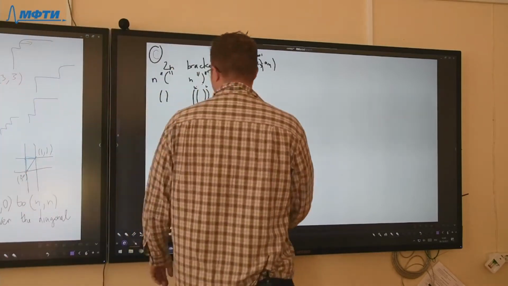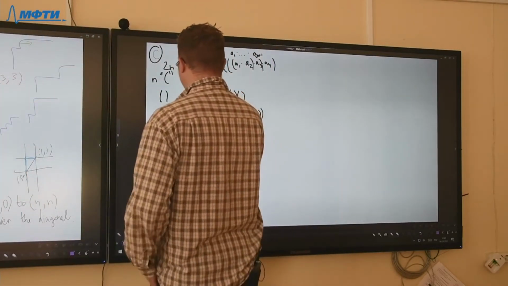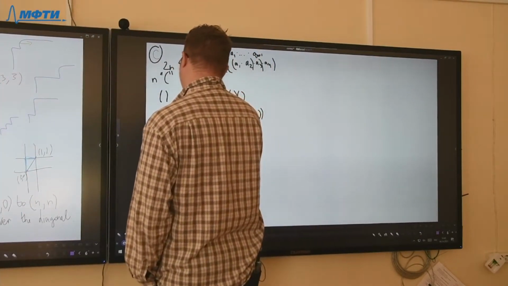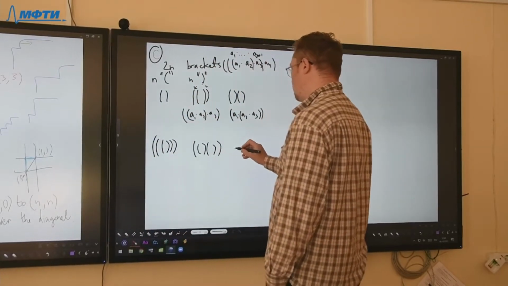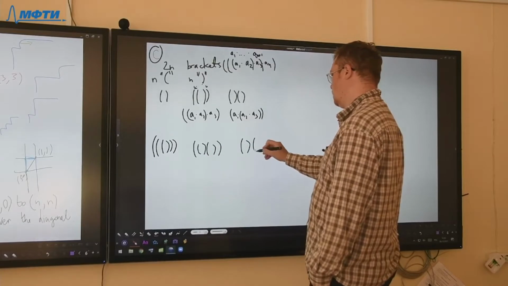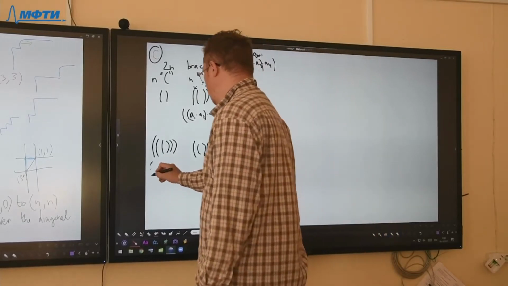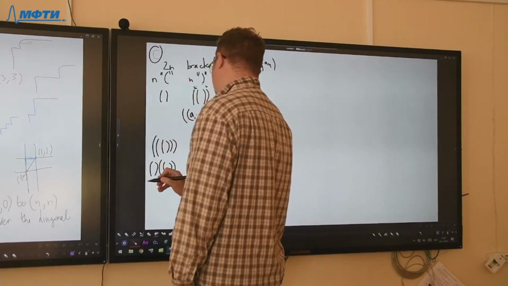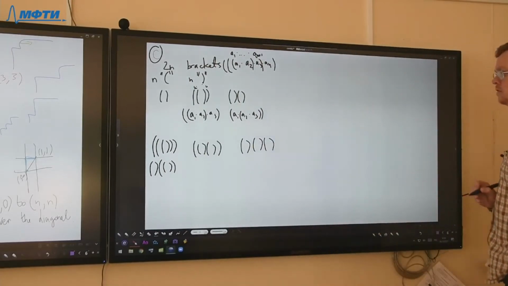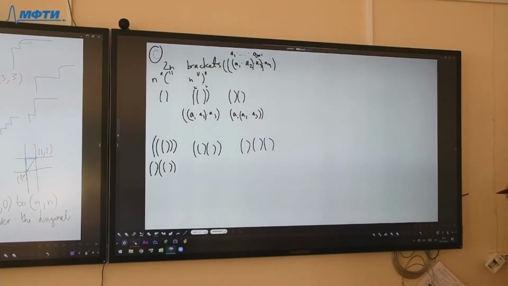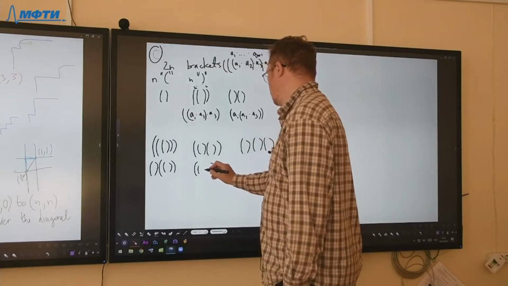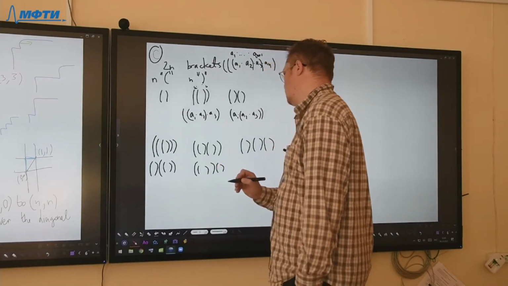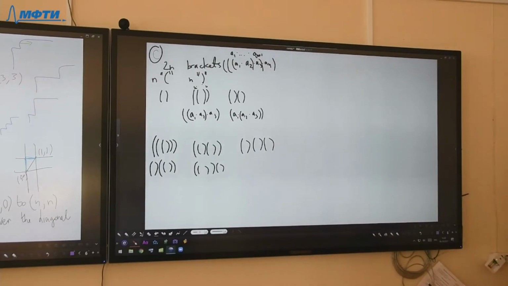For 4 elements, there will be this one, this one, this one, this one, and this one. Again, it starts from 1, 2, and 5.